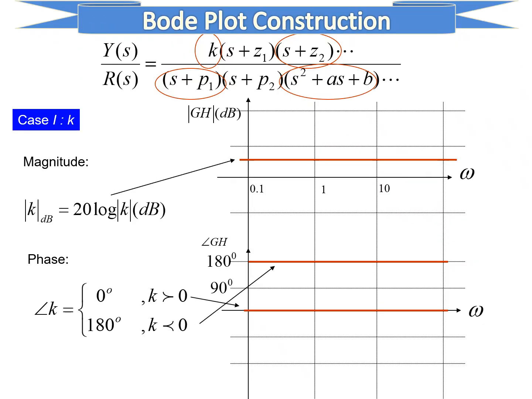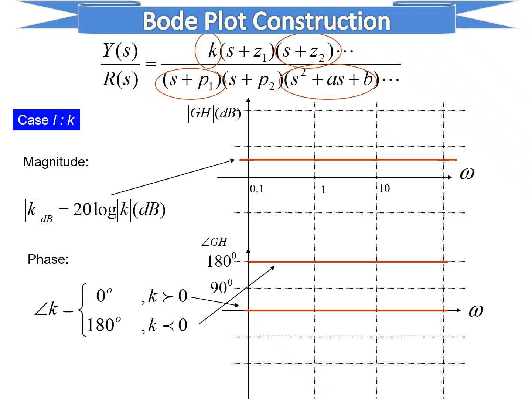Okay, Bode plot construction. For example, this is the general form of the transfer function Y(s)/R(s), and there are four things that we should consider here.